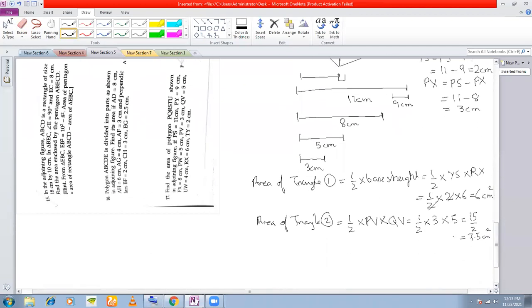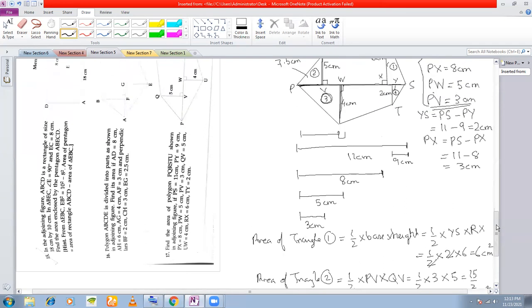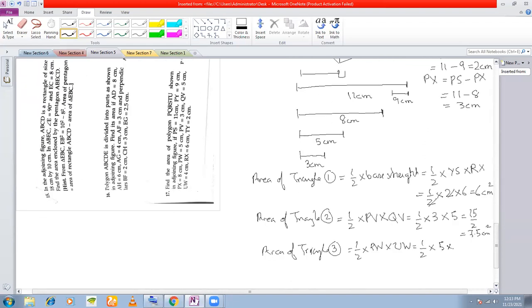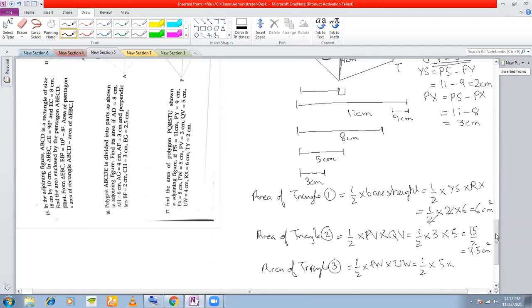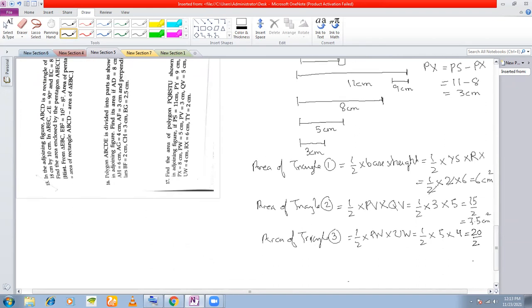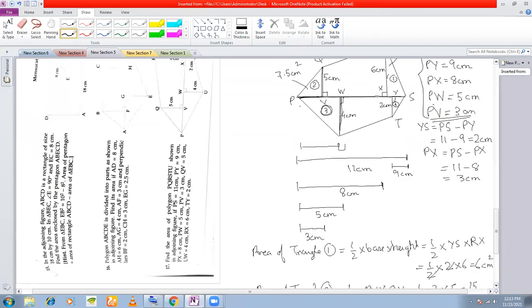So area of triangle 3 is half into PW into UW. PW is given to us as 5 and UW is given to us as 4. So this is 20 by 2, which is equal to 10 centimeters square. So we have found out 10 centimeters square.